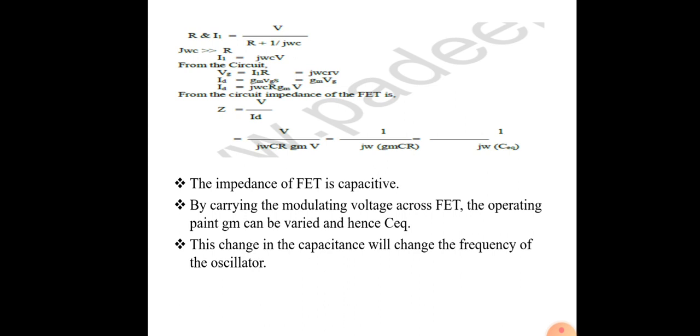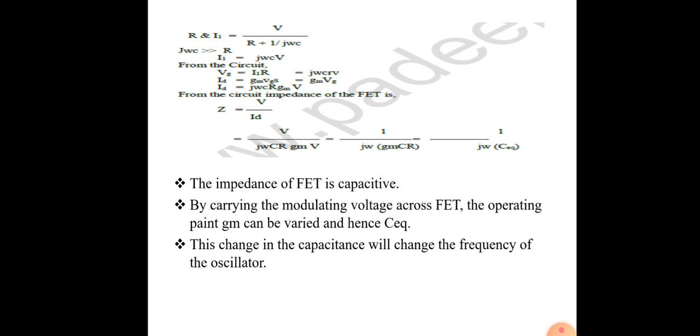Okay, from the circuit, VG, that means gate voltage, is equal to I1 R, so that will be represented by j omega C R V, and then drain current ID equal to gm VGS. Then ID equals j omega C R gm multiplied with V, and the circuit impedance of the FET is Z equal to V divided by ID.